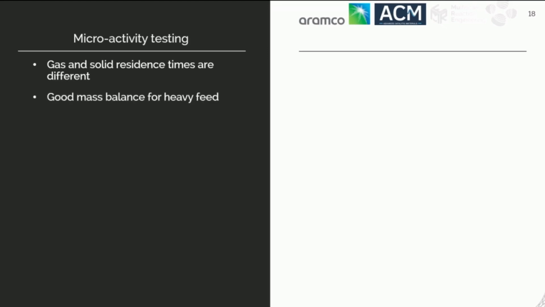Other advantages are good mass balance for heavy feed and in situ coke measurement, that means we don't need to take off the catalyst after each and every experiment, and we can do multiple experiments per day.